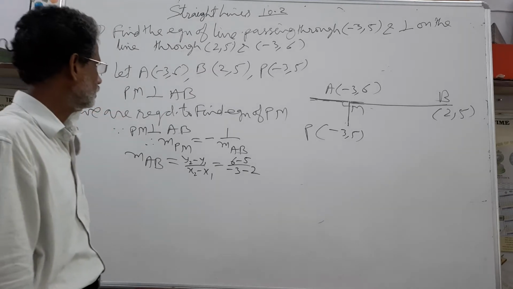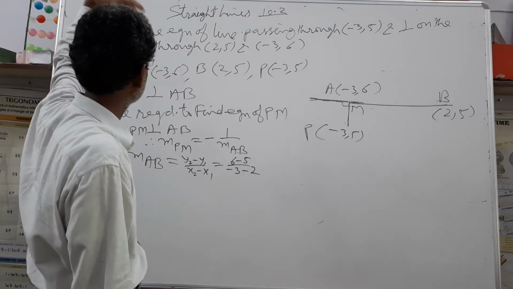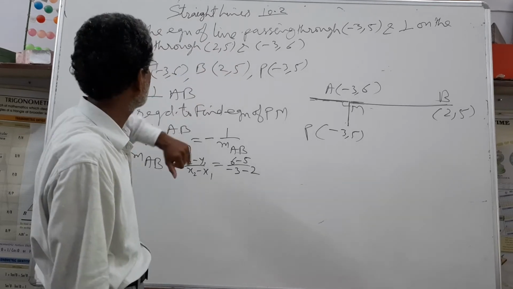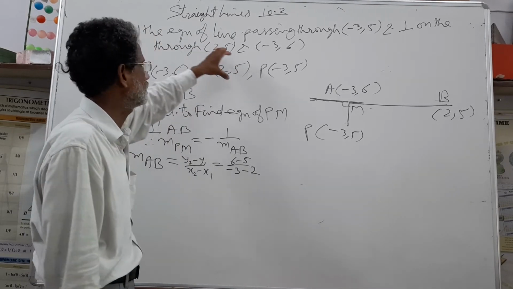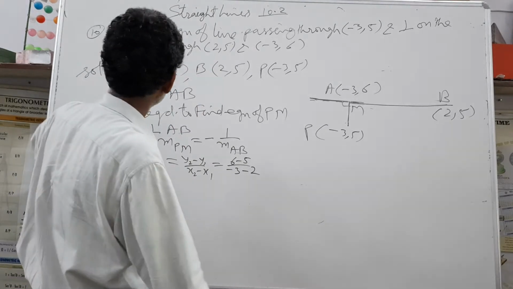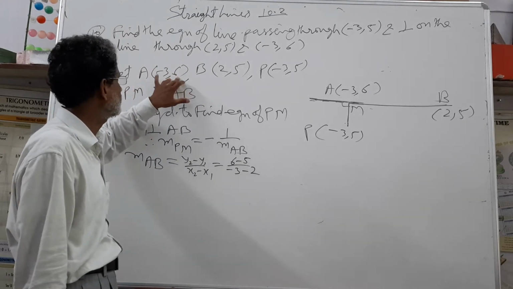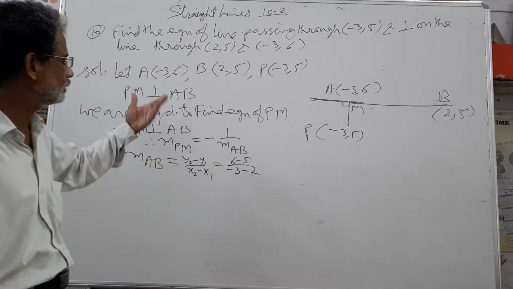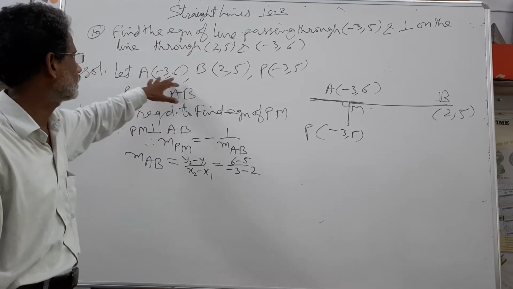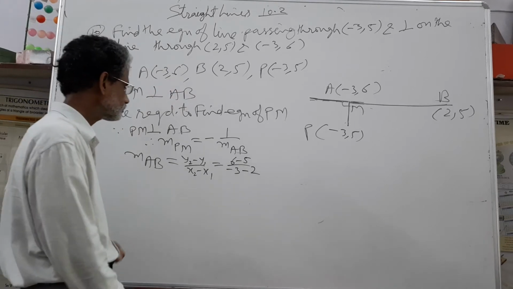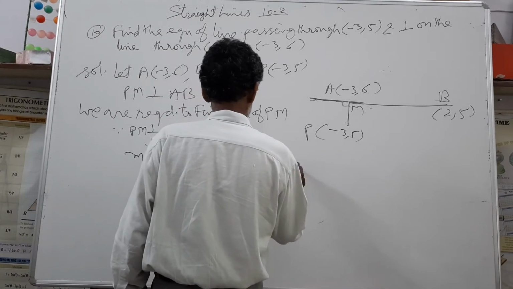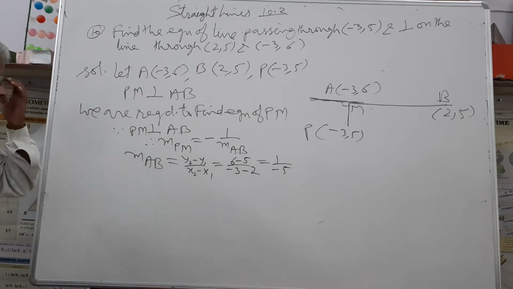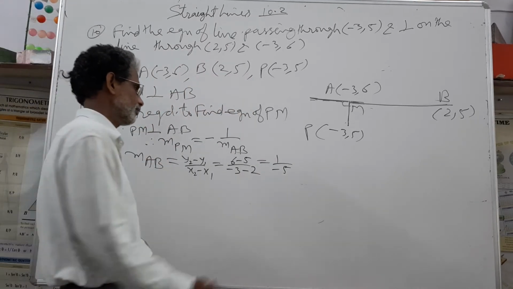Many times I instructed you, you can take any point as x1, y1, any point as x2, y2. Here I have taken this as x2, y2, this as x1, y1. Because if we take the other as x2, y2, y2 is greater than y1, to make numerator positive I have taken this as x2, y2. Is equal to 1 upon minus 5. This is slope of AB.